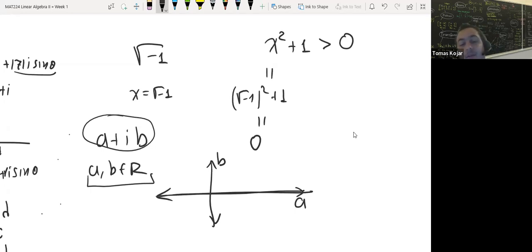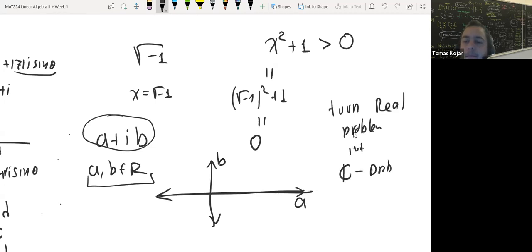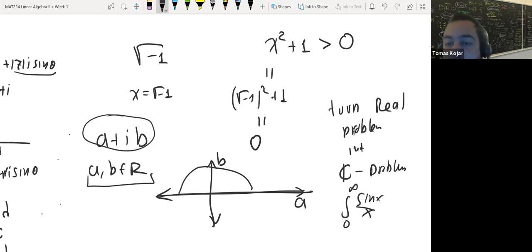And so often you can turn real problems into complex ones, like the one I mentioned, sine x over x from 0 to infinity. You can turn this into a problem in the complex plane. Well, we have consistency though, right?